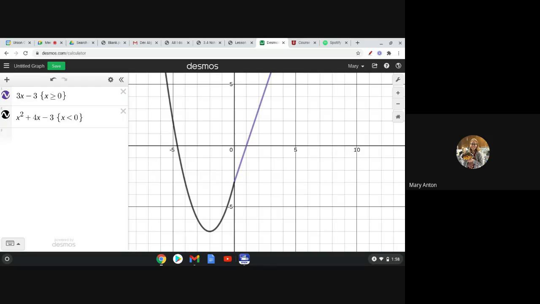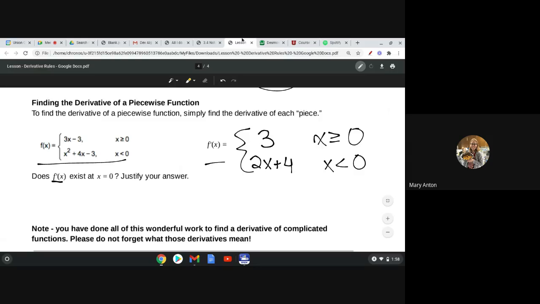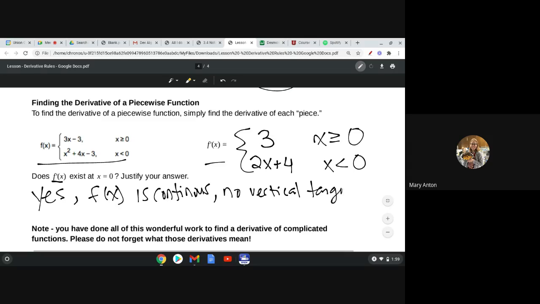Do we have any of those things here? No. So does this derivative exist? Yeah, exactly. So, does the derivative exist? Yes. f of x is continuous. No vertical tangent. No corner, no cusp.